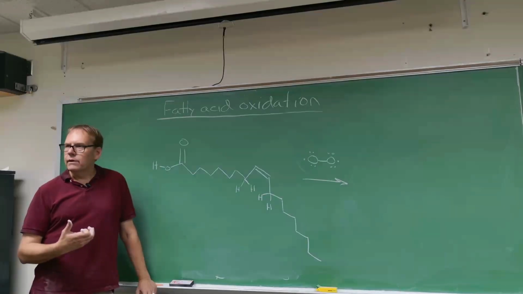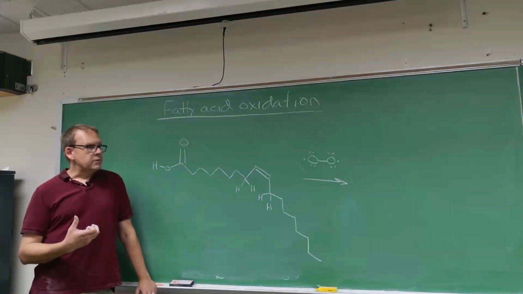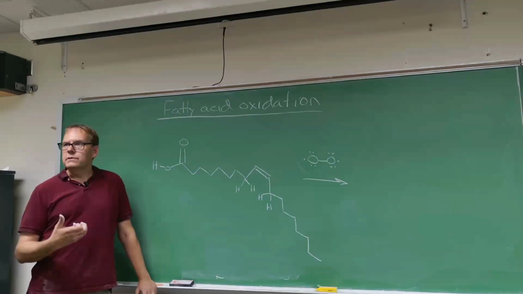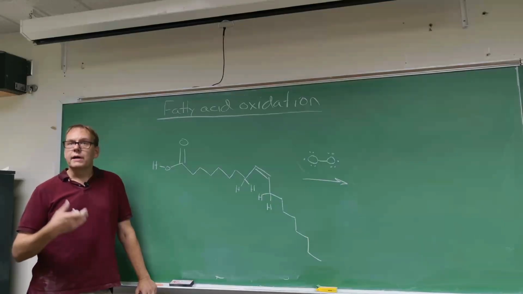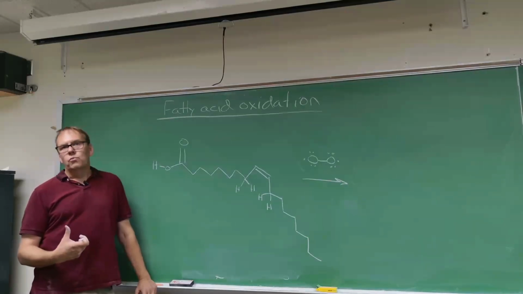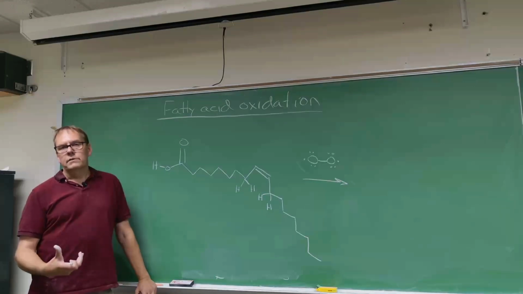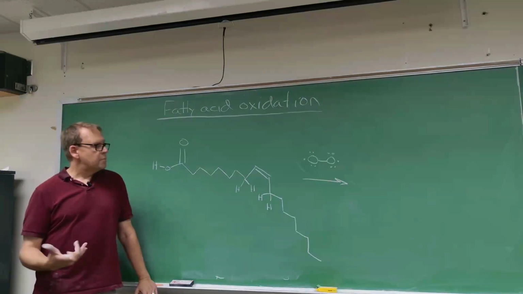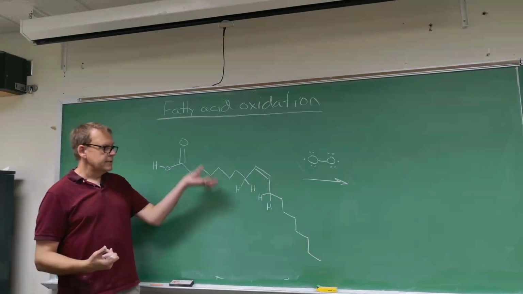It's like a diradical. So oxygen is a really reactive species, and it does react with lots of different things, which is both good and bad. We need its reactivity to survive, but it also can attack our sensitive molecules like this.